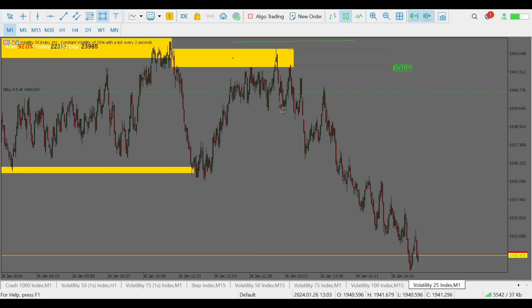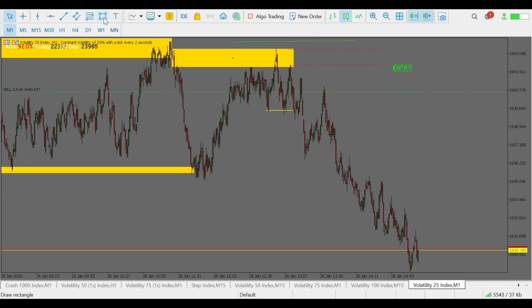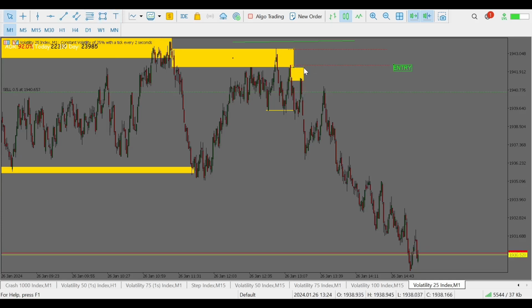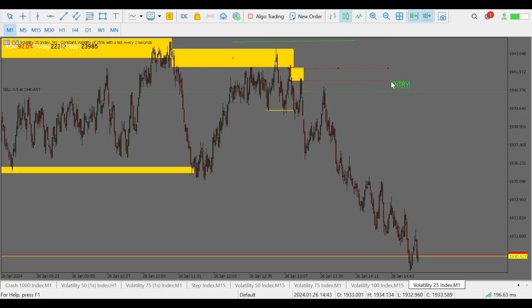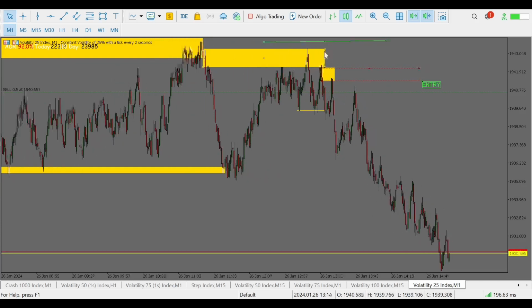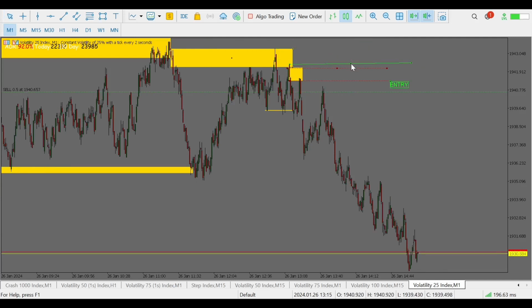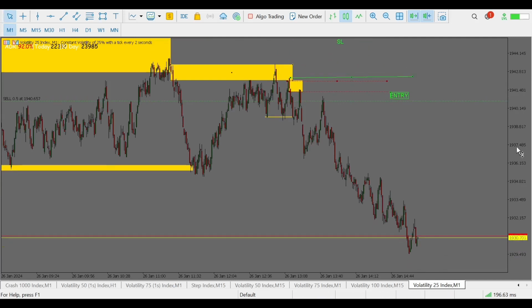Price came here and broke this low, and then price pulled back to this order block right here. This could be an entry point, with this as our order block. This is our order block in yellow, and this would be our entry, with our stop loss slightly above the order block right here.